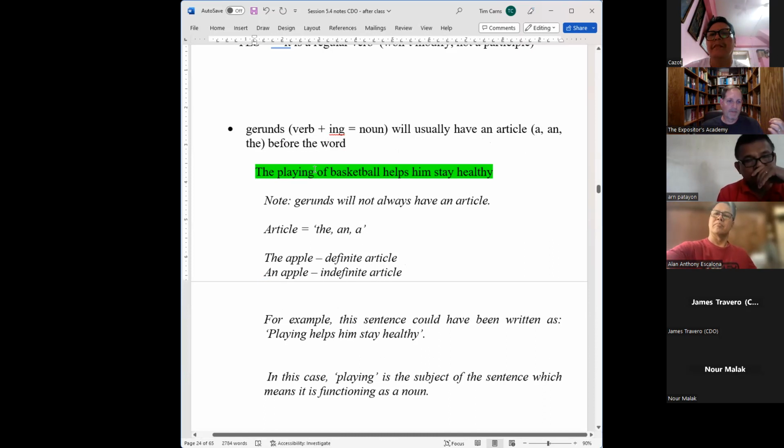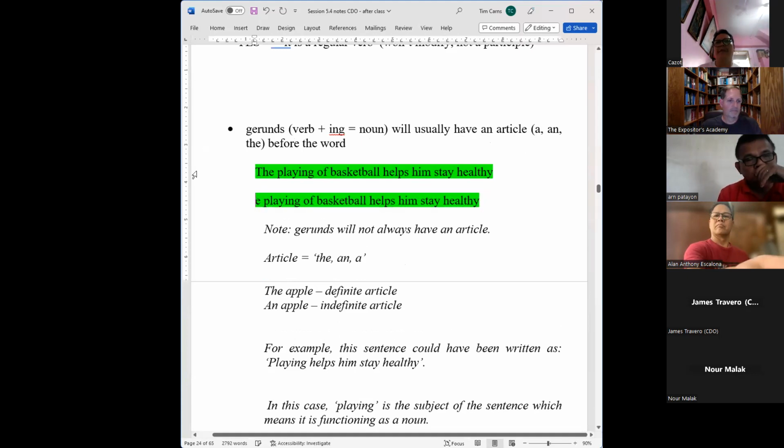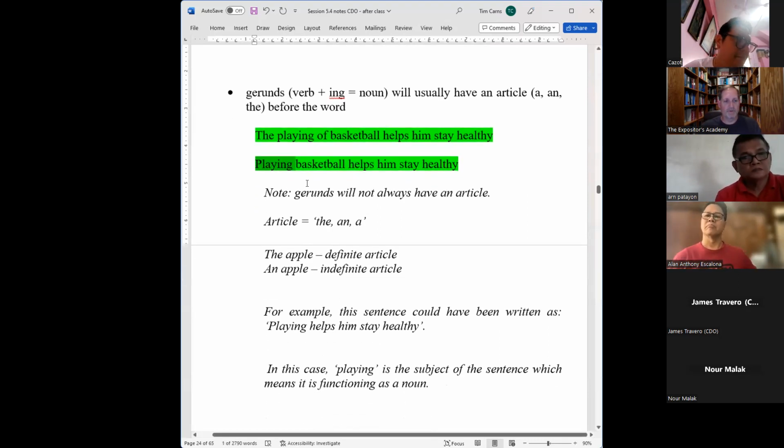Now, the trick is sometimes a gerund won't have an article. So, for example, I could have said, playing basketball helps him stay healthy. Now, no article in front of it here. How would I know whether or not playing is a participle or the gerund?